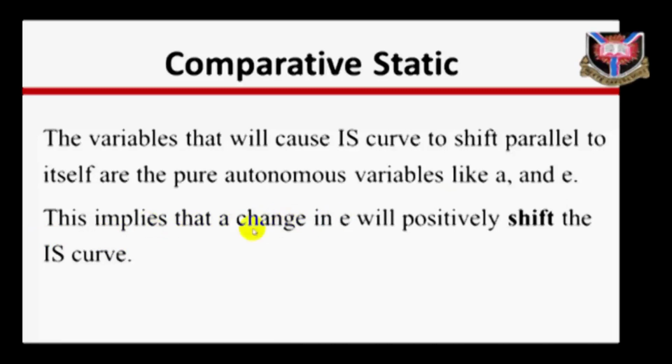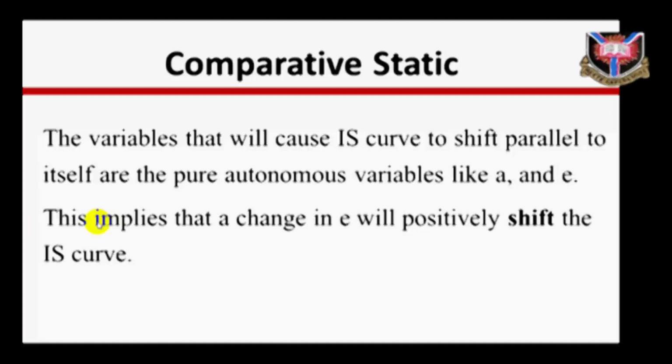Let us consider the direction of change of output to changes in some of these variables. Take a change in E, that is autonomous investment, first. dY*/dE equals 1 over (1 minus B), which is greater than 0.